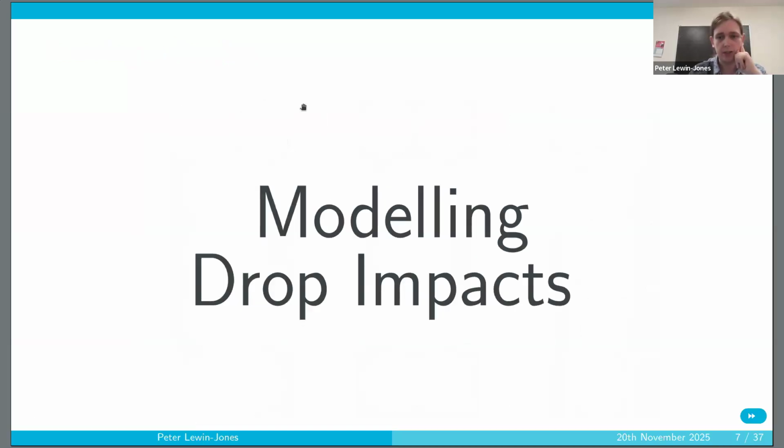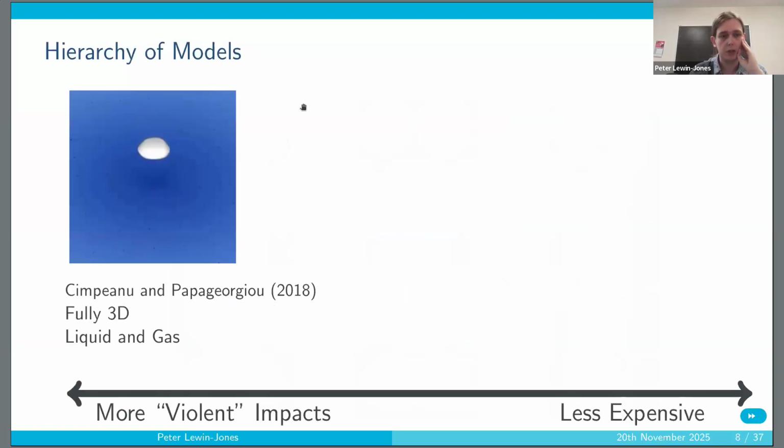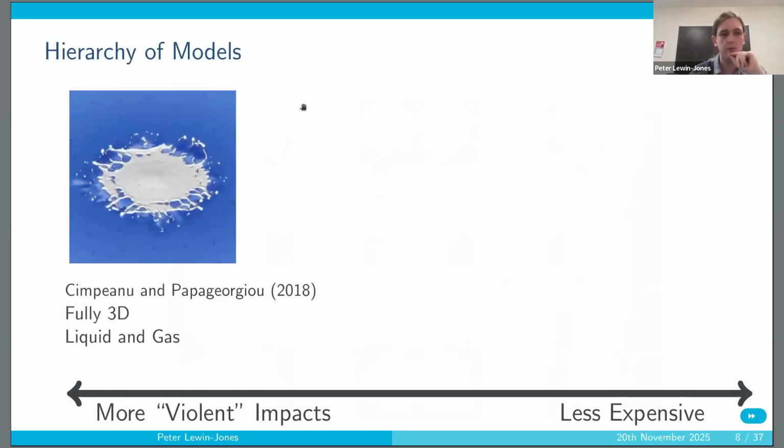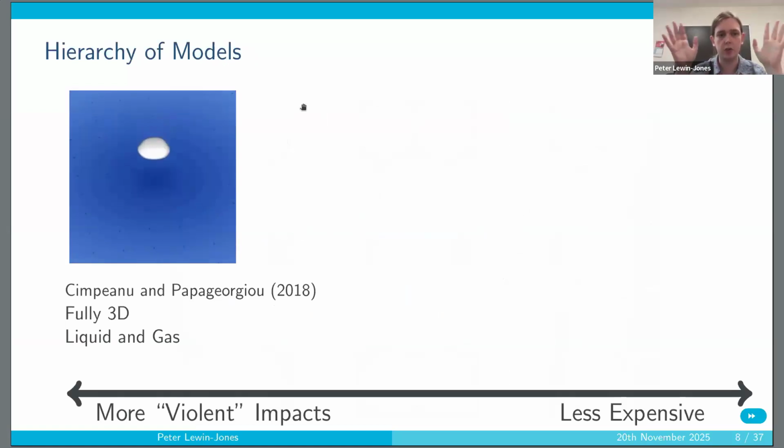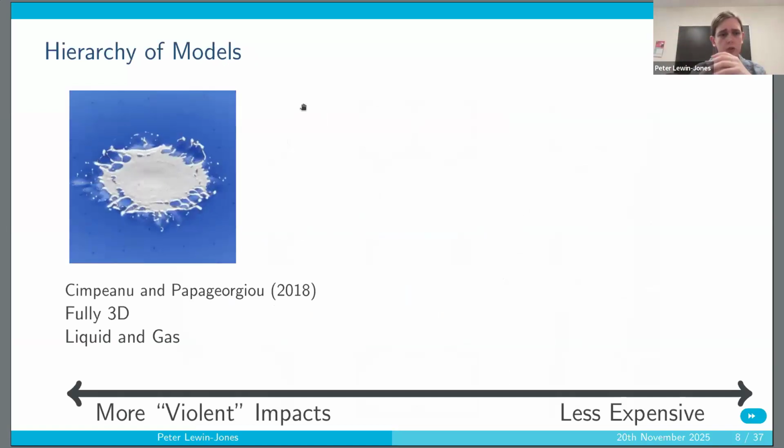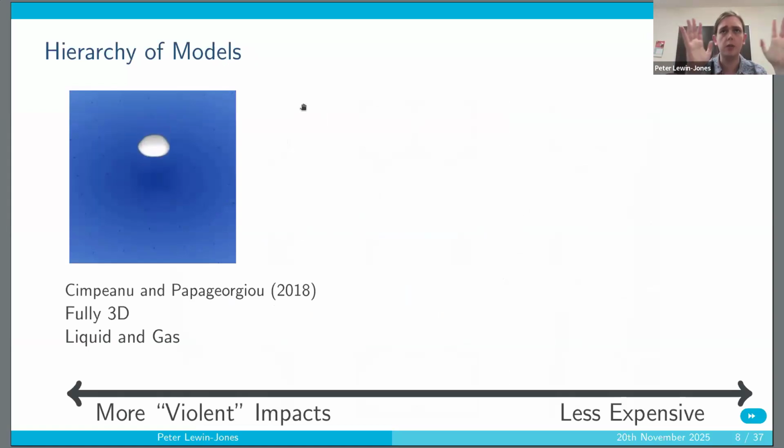So let's talk a bit about what I was actually doing, which is wanting to use computational and mathematical modeling to understand how these collisions happen. Drop collisions have been simulated and modeled on a very wide range of scales using what I think of as a hierarchy of models. On the one extreme, you can do full 3D simulations where you resolve fully the gas and the drop.